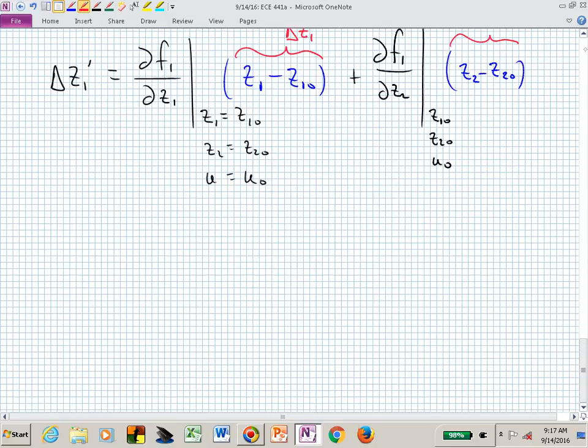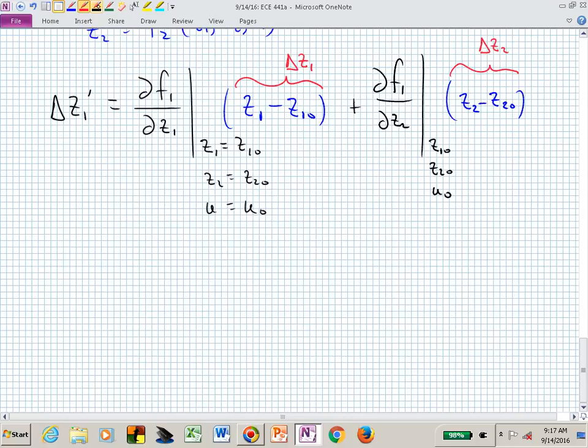And finally, we take the partial of f1 with respect to u, evaluated at these operating conditions that satisfy the original differential equation, times u minus u naught, but again this is equal to delta u.